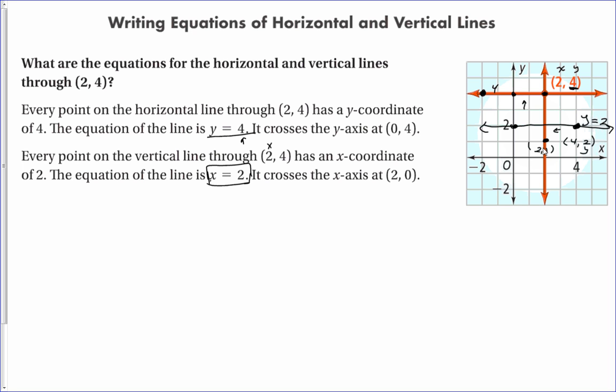And the vertical line would be x equals 2. If I picked this point, (-2, 1), and asked for the equation of a vertical line, you would tell me x equals negative 2. So vertical lines are always x equals a number.